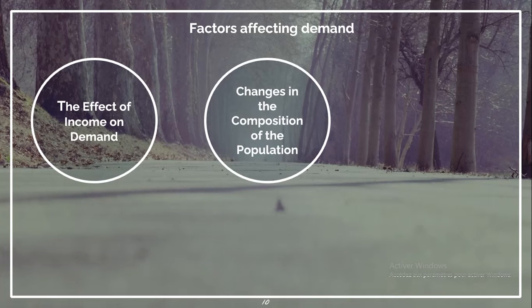The second factor is changing tastes or preferences. From 1980 to 2012, the per person consumption of chicken by Americans rose from 33 pounds per year to 81 pounds per year, and consumption of beef fell from 77 pounds per year to 57 pounds per year.